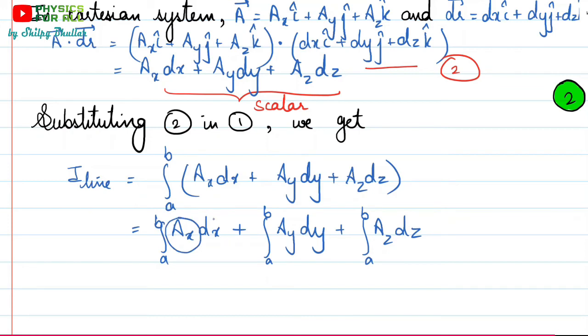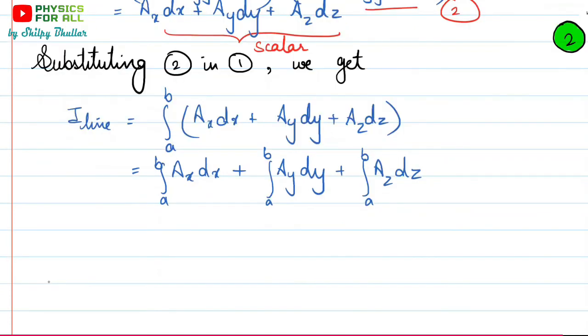So this Ax must be containing some x values, and here this simply means that the y component of vector A will be integrated over y, and the z component of vector A will be integrated over z, and in the end we will put the limits a and b. So it is as simple as it seems.